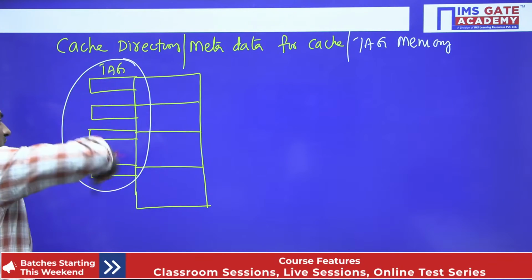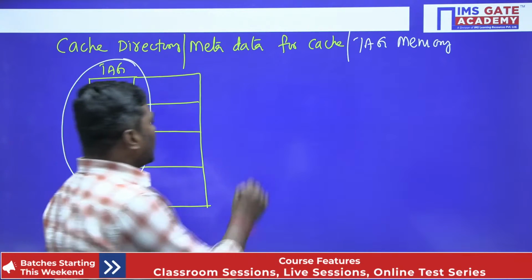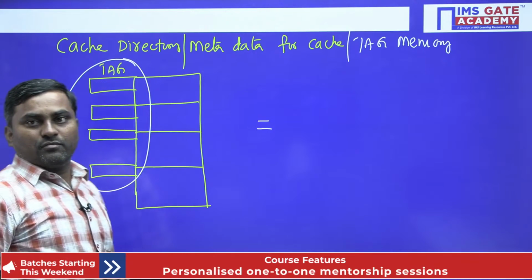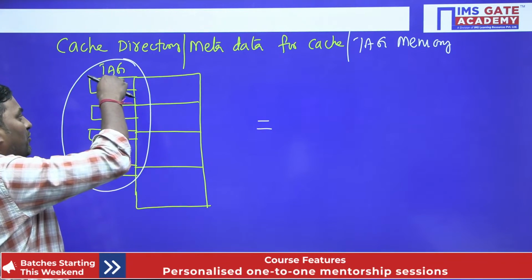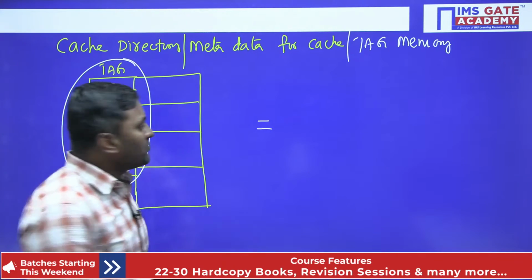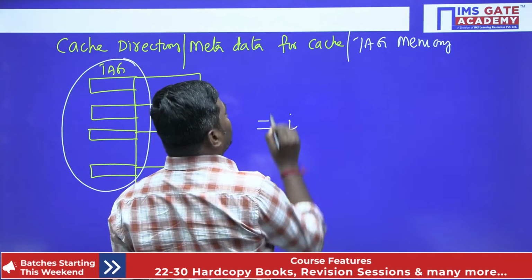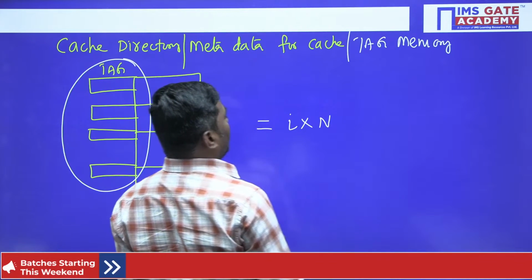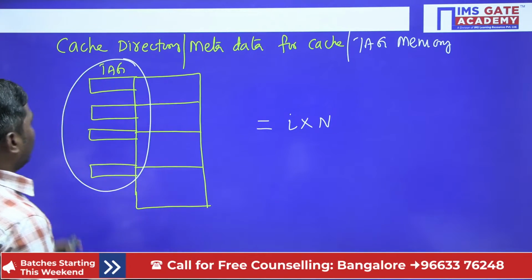So we need to find out the size of the tag memory. How can you get it? These tag bits are for every cache block. If 5 bits are there for a tag, multiply by the number of cache blocks, yes or no? This needs to be calculated.